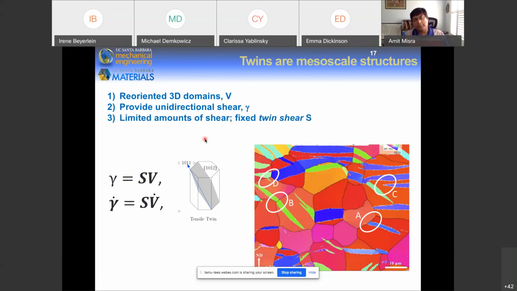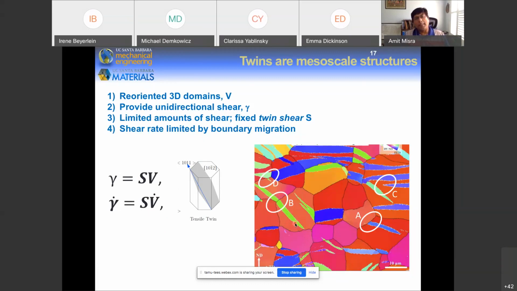Now, if you wanted to calculate how much deformation rate is being provided by that twin, that then depends on the rate at which its boundary is migrating. So that's how twins accommodate the deformation: after they form, in order to accommodate even an increment more in strain, they have to move their boundary.